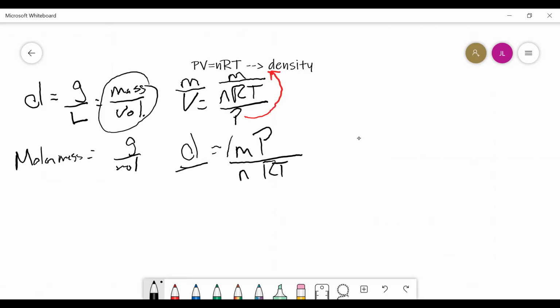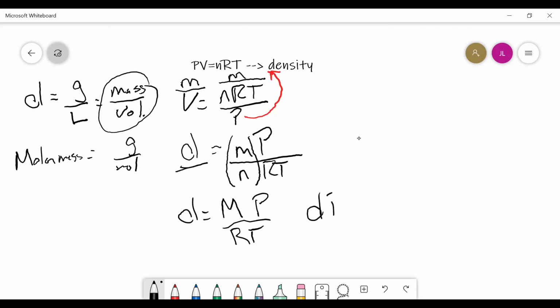Remember, n is moles, and molar mass is mass over moles, M over n, so we have molar mass there. Density equals molar mass, which I'll call a big M, times P over RT. Multiplying both sides by RT, we get density times the ideal gas constant times temperature equals molar mass times pressure.